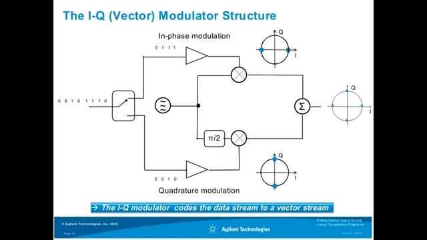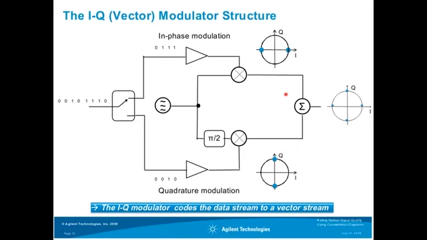And you can see the corresponding constellation diagrams of the signal in between this transmitter. You see here the in-phase modulation just carrying the real part of the signal, or 180 degrees, and the same constellation diagram, but rotated by 90 degrees, you can see at the quadrature modulation path.